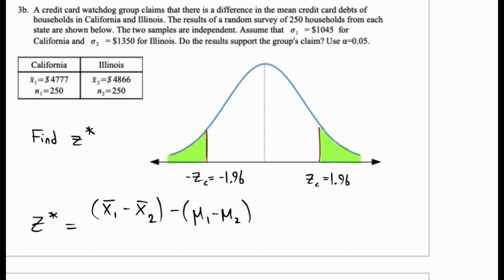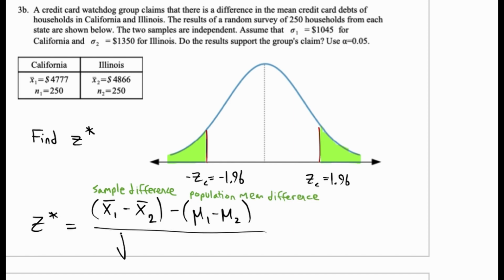Our numerator consists of our sample difference minus the hypothesized population mean difference.